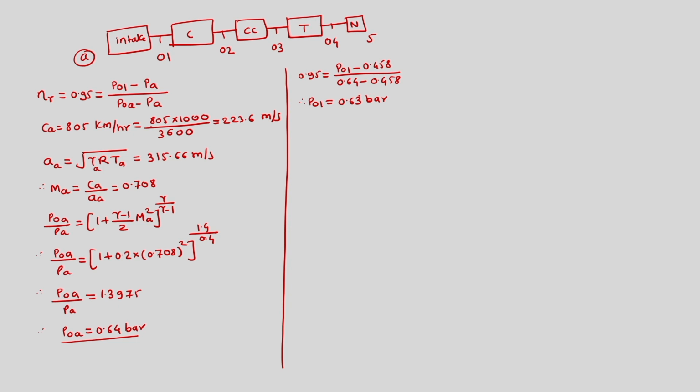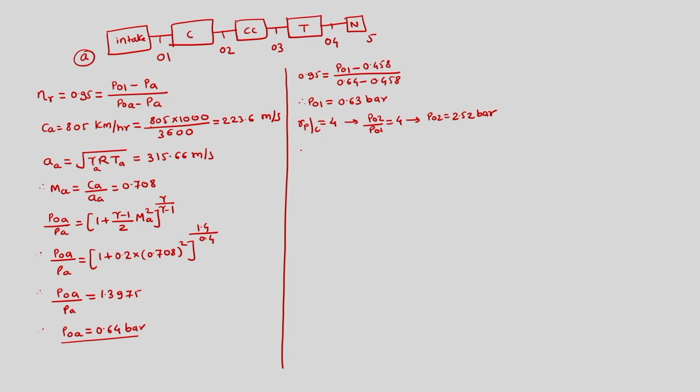Having said this, now we can move ahead and calculate the other corner quantities for the cycle. We are told that the compression pressure ratio for the compressor is 4. So we know P naught 2 upon P naught 1 is equal to 4, so P naught 2 is equal to 4 into 0.36, and that is 2.52 bar.